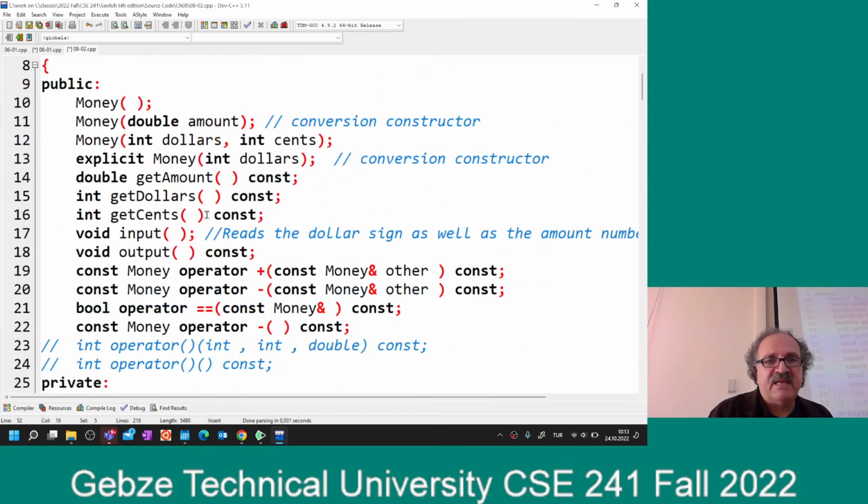This one cannot be used as a conversion constructor anymore, if you put an explicit on it.